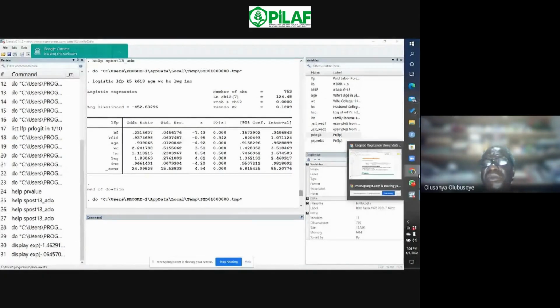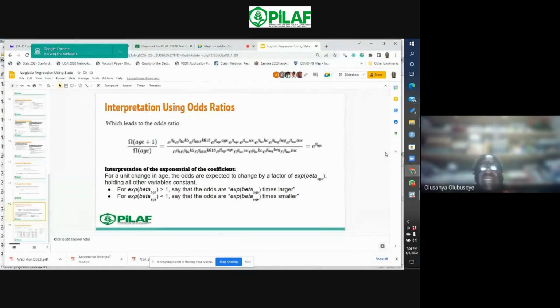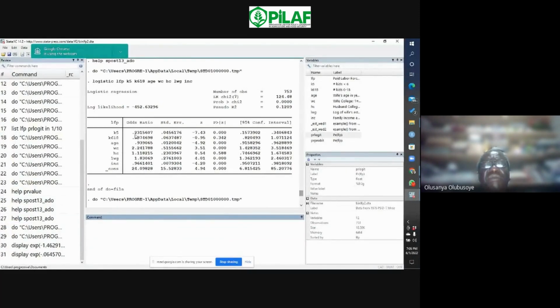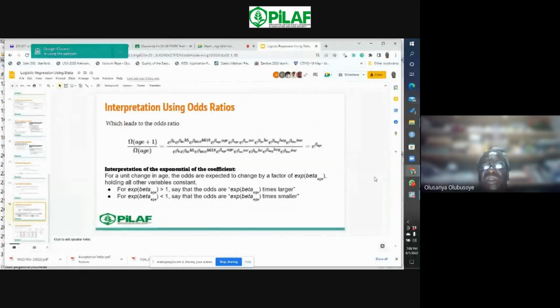So you can interpret that to mean that K5, which is less than 1, you can say that the odds of a woman participating in labor force is 0.23 times smaller, because the value is less than 1.